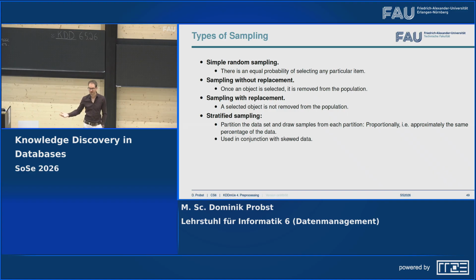A good example would be if I would draw a sample of you in here. I would try to put different genders into partitions. I would try to put different study degree programs into different groups. So I have a data scientist, I have an IT student, I have an IIS student in my sample. I have males and females in my sample. So I can represent you as well as possible.